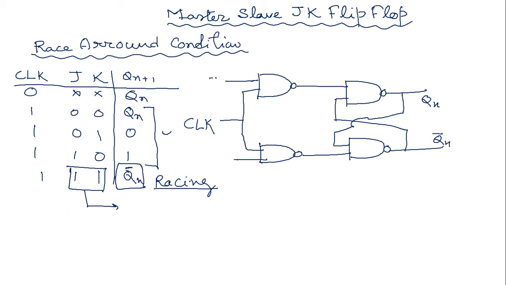So we will see what is the basic problem that we face when J equals 1, K equals 1. As we can imagine, when Qn equals 0, Qn complement equals 1 at initial condition, and J equals 1, K equals 1.